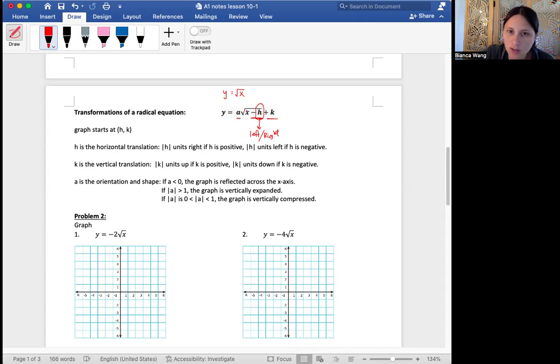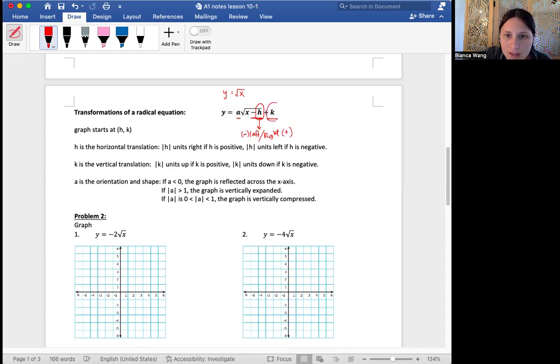So if the equation says x minus something, then it's actually moving to the right. If it says x plus something, that means that the h is actually negative, because minus a negative makes it an addition sign. We can put those 2 together. So if it is negative, it's moving to the left. If it's positive, it's moving to the right.